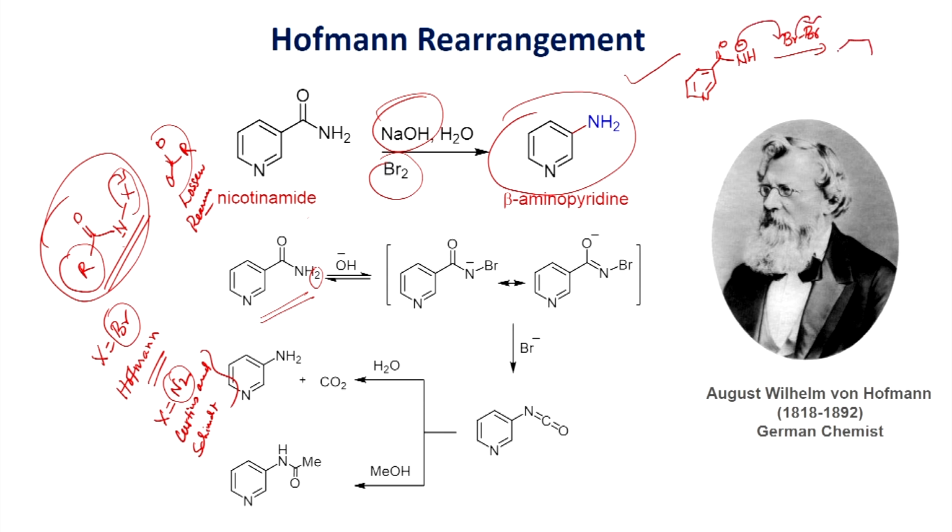and you will be able to form this species. Once you form this one, it can further react with base. Deprotonation will be able to produce this intermediate. Once you form this one, this undergoes migration to here, and this can leave, and you will be able to form this.